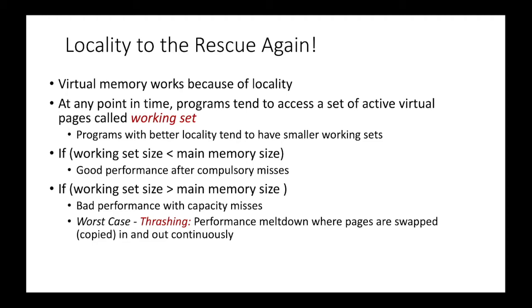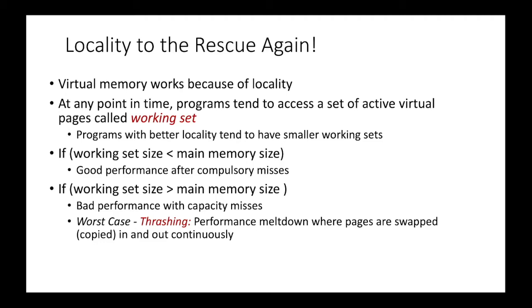Caching pages in a virtual memory system works well because of the locality that programs have. At any point in time, programs tend to access a set of active virtual pages, called a working set. Programs with better locality tend to have smaller working sets.